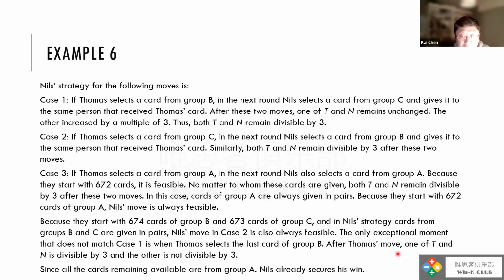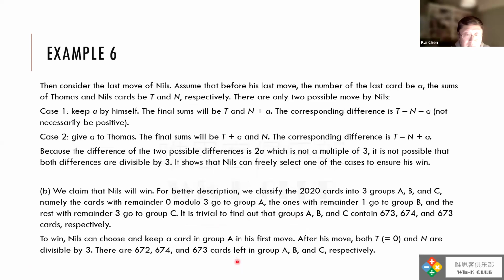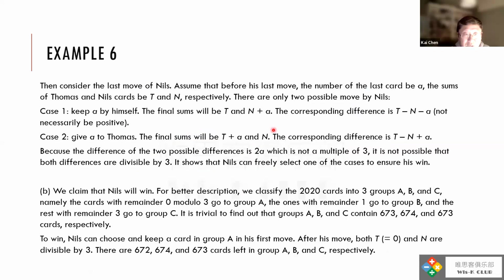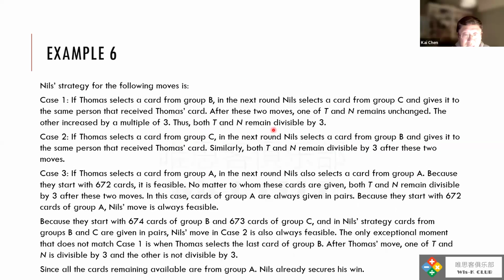That means the difference between T and N is then not divisible by 3. So Niels still wins, because the aim is that if the difference of the two outcomes is not divisible by 3, then Niels wins. So actually, in the second case, Niels will also win because the difference between T and N is not divisible by 3.